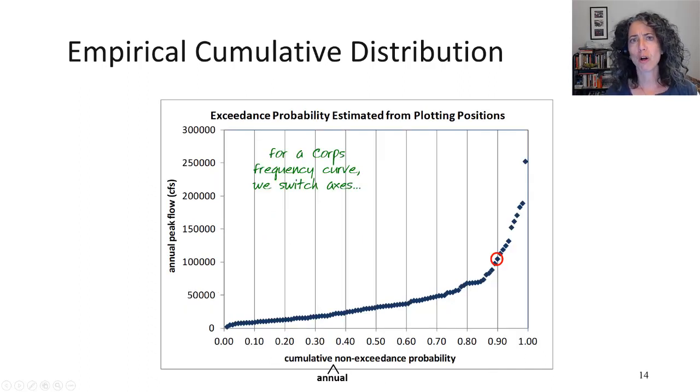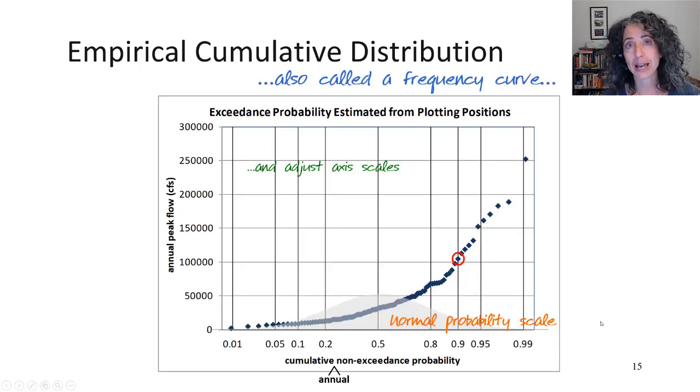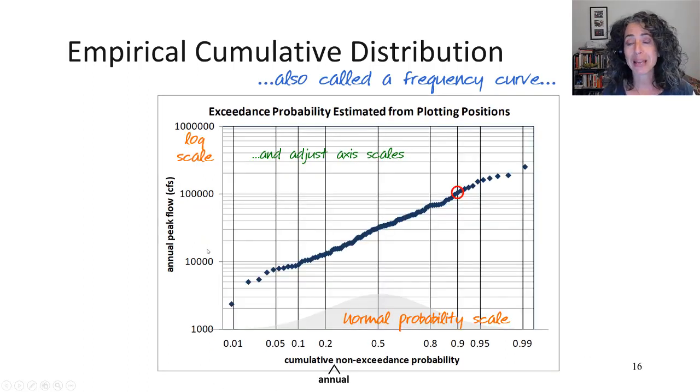So we're going to put flow on the vertical and probability on the horizontal. We're going to switch this linear probability axis to a normal probability axis based on the normal distribution. We're going to change the flow axis from linear to a base 10 log scale. And now we see our data. We've still got this circled point over here.